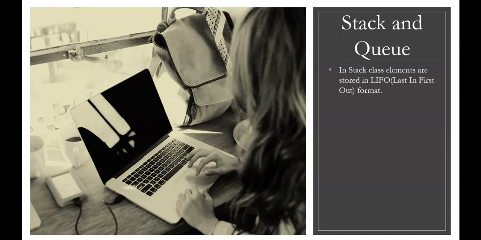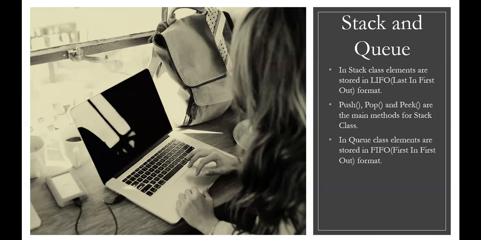So just watch out. In the stack class, elements are stored in which order? Last in, first out, like I said. Whereas in case of Q, the order is first in, first out. Now these are the built-in classes we'll be getting in non-generic collections.